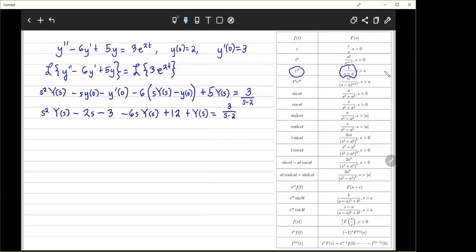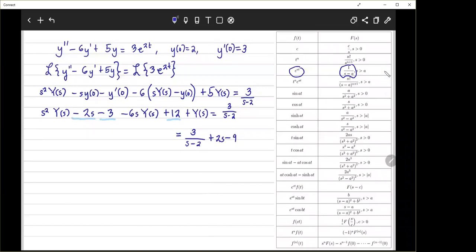Ngayon, bago ko i-isolate yung Y(s), I will transpose everything not containing Y(s). So yun ay negative 2s, negative 3, tsaka positive 12. So I have 3 over s minus 2 plus 2s minus 9.